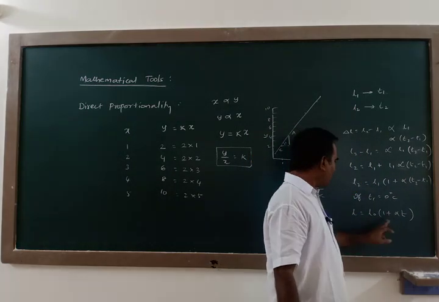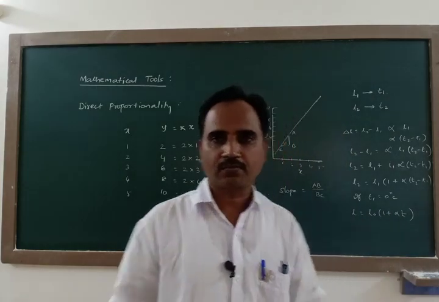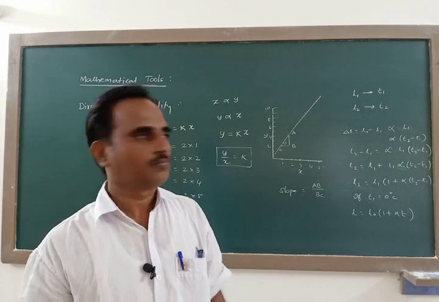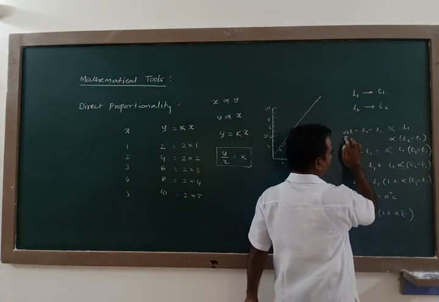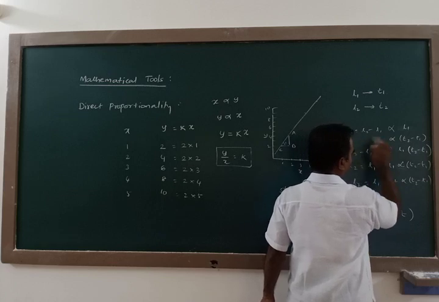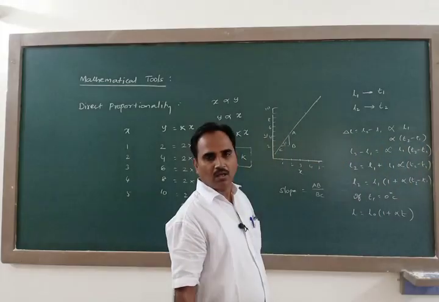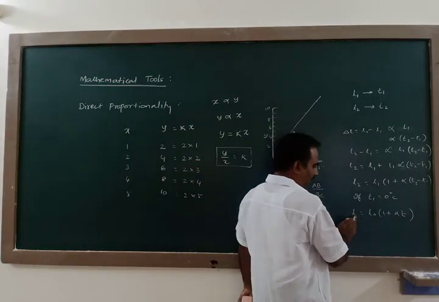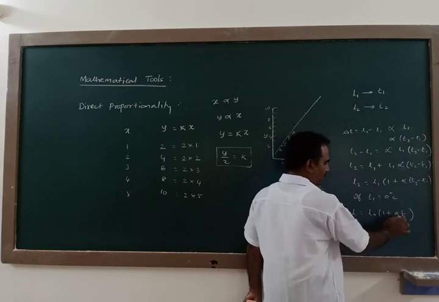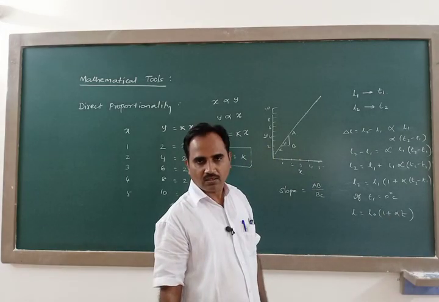If I plot a graph of this L versus T, what type of graph do you expect? Here the increase of length is proportional to temperature. This one, delta L proportional to T2 minus T1. So if I plot a graph of L versus T, what type of graph would I get?